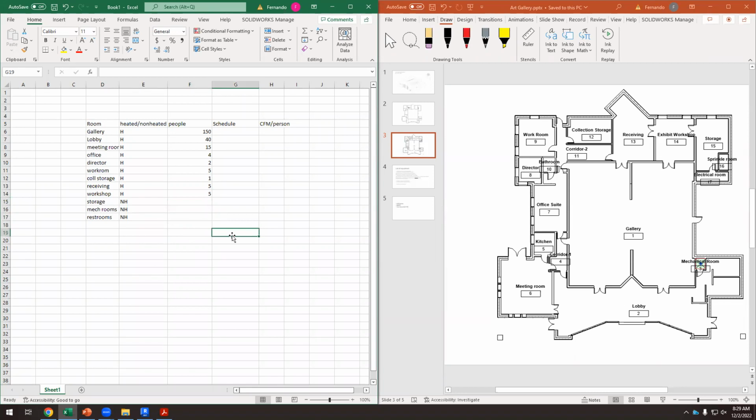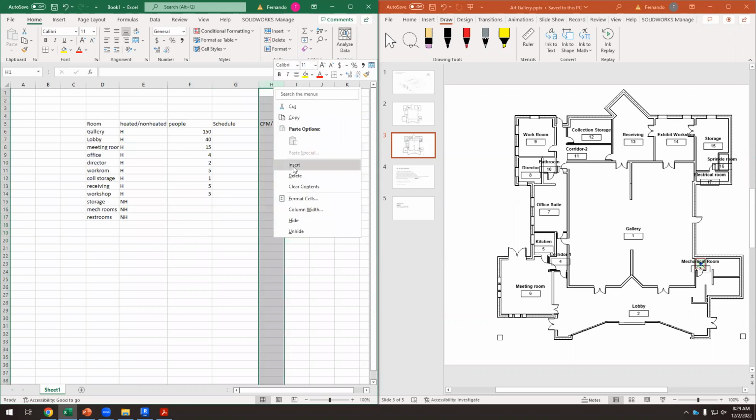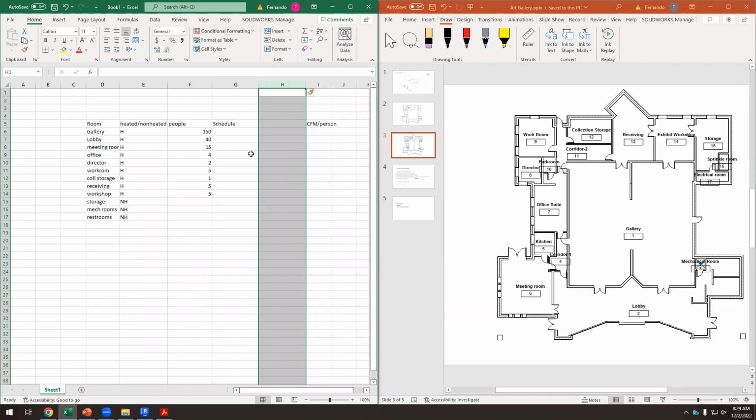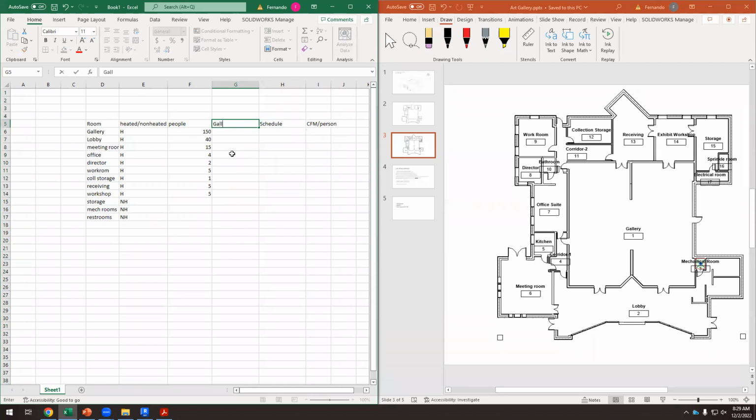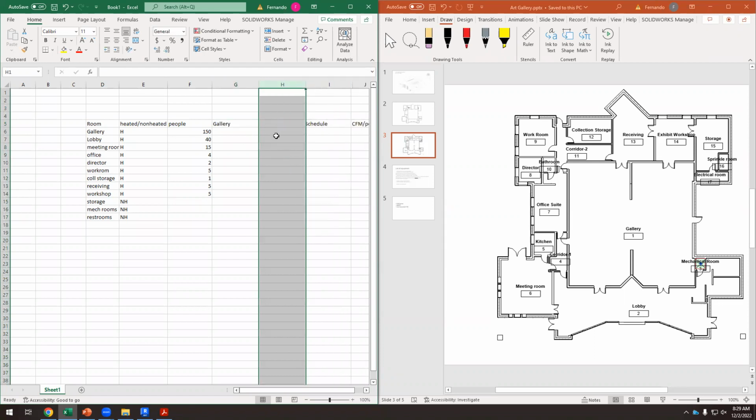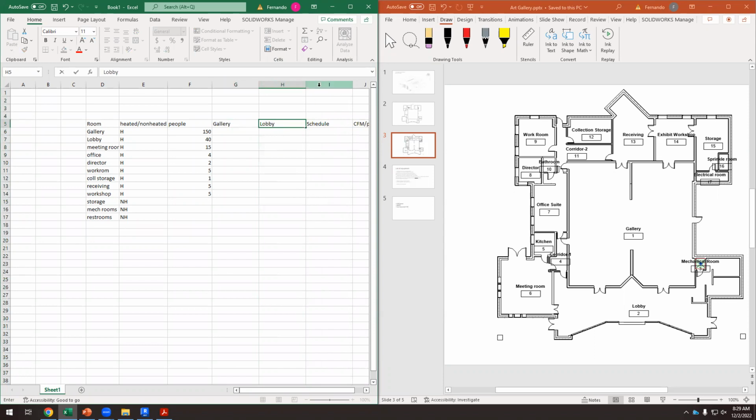Then now we have the schedule. For the schedule, I'm going to do something different. Imagine that I type here the schedule, and here I have the gallery. Then I have the lobby. And then I have the rest of spaces.